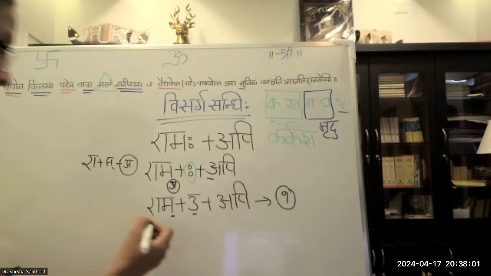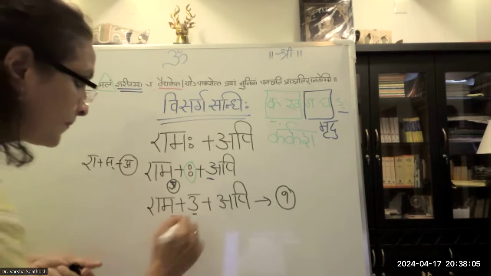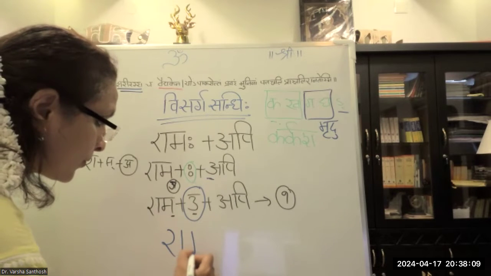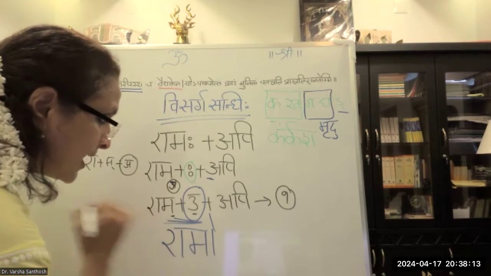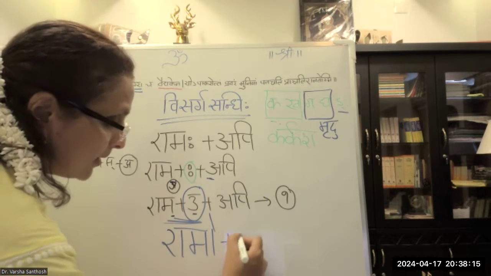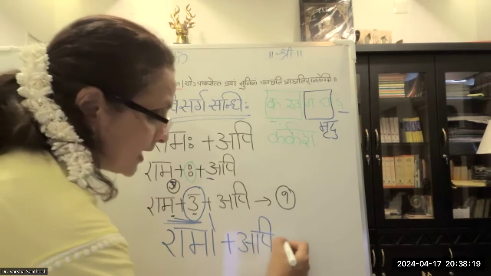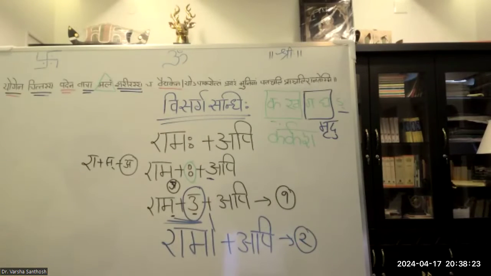So, because U is over there, something called Guna happens. So this apparently becomes Ramo, because Guna happened over there. The Sandhi happened over there, and our api is over there. So this we get as number 2. Ramo api.